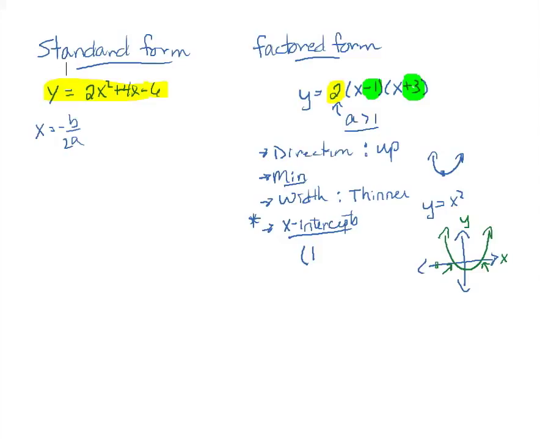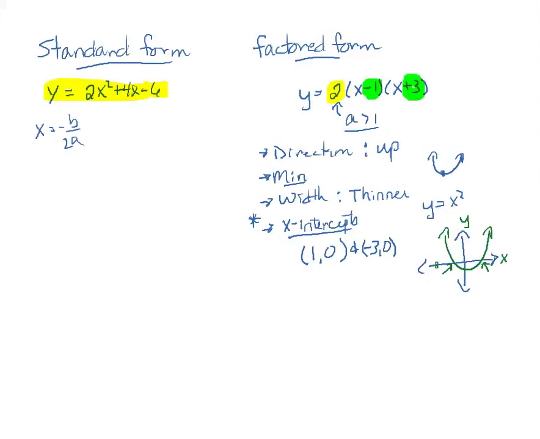And wherever you cross the x-axis, your y value is 0. So whenever you cut through this x-axis here, your y value has to be 0. And our other x-intercept is going to be at negative 3 and 0. So we've now located where our graph will cut through the x-axis.